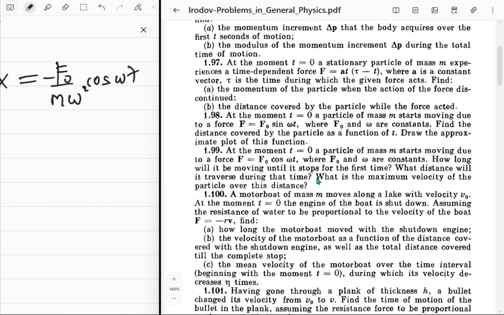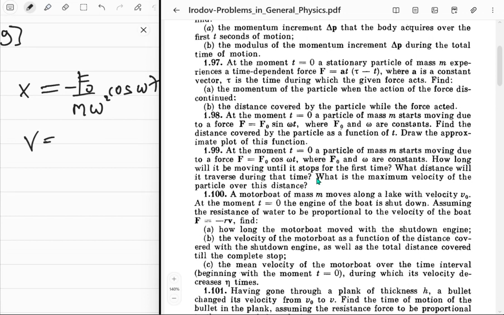Now, same thing, just fast forward. So once you have this displacement, how long will it be moving? So what's the velocity? Velocity will just be f naught upon m omega sine omega t. So it will keep moving till what? At t is equal to 0, it's at rest and then it keeps on moving.